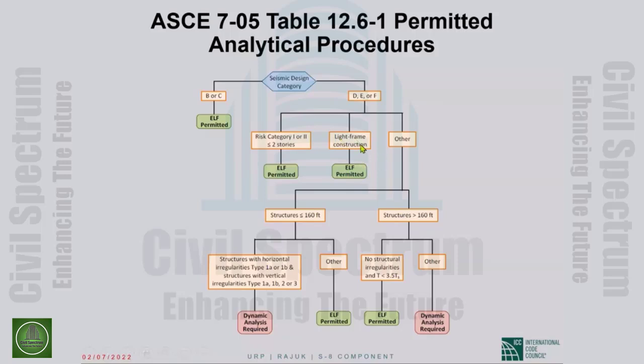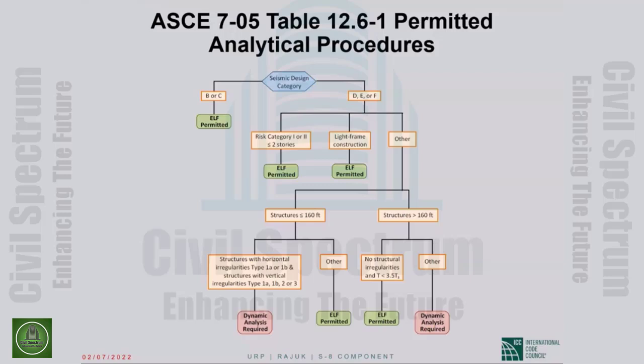So if you have light frame construction, here in the US it is wooden studs with some kind of sheathing on the studs. The sheathing can be made of wood or it could be plasterboard or whatever. And these days the wooden studs are being replaced by cold-formed steel studs. So this is lighter construction.